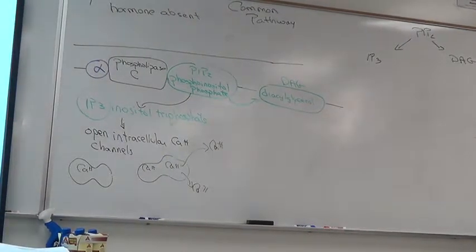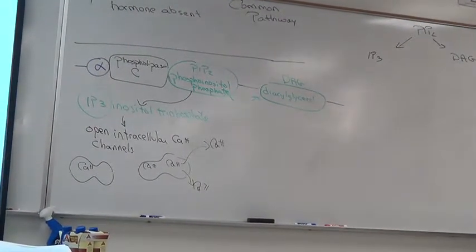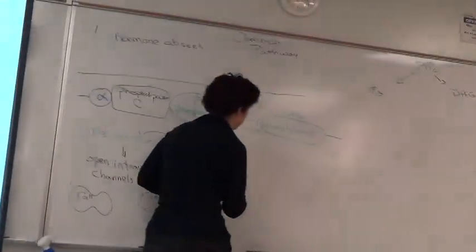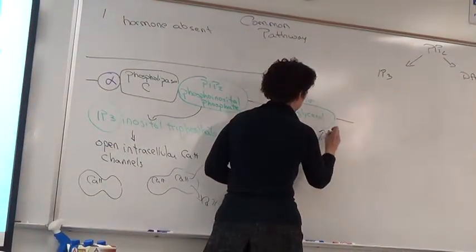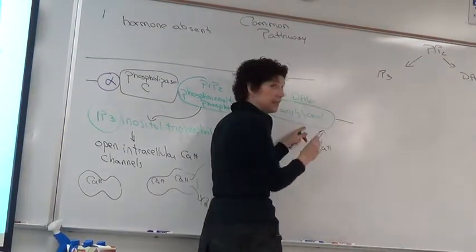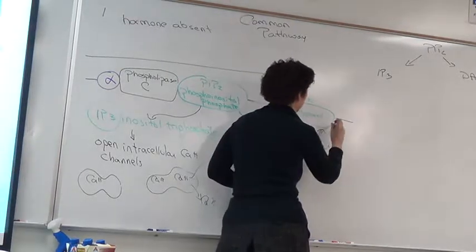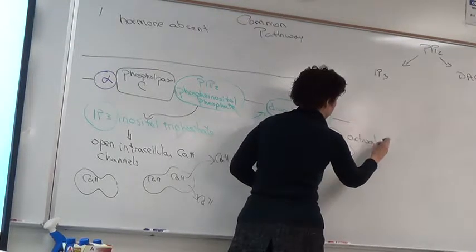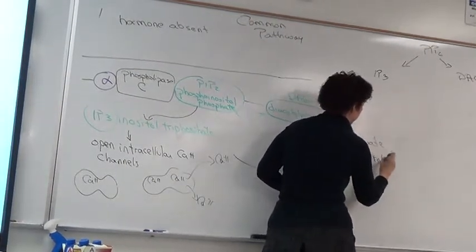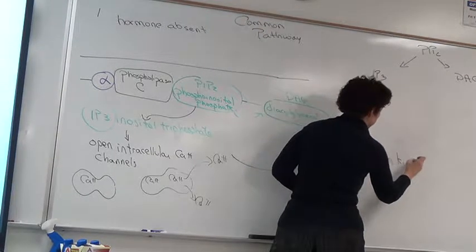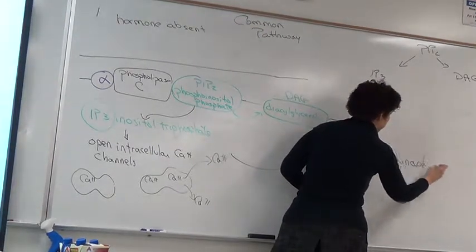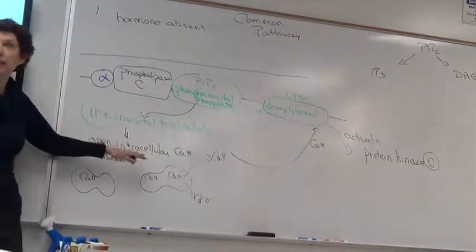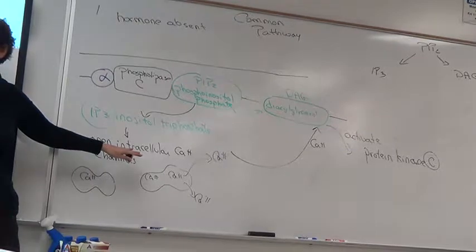Now it's not very clear in this image here, but the calcium ions plus diacylglycerol can activate protein kinases, and these are called protein kinase C. So the IP3 does the calcium release that we saw in the second version of G proteins.